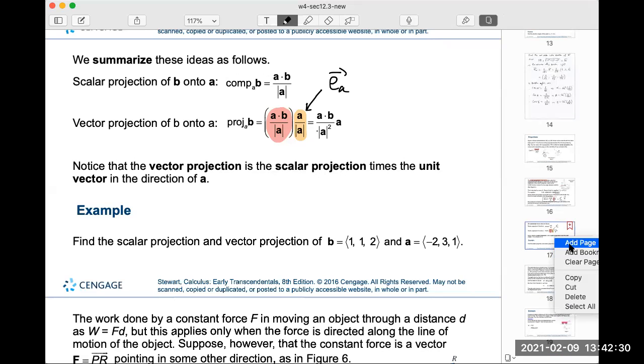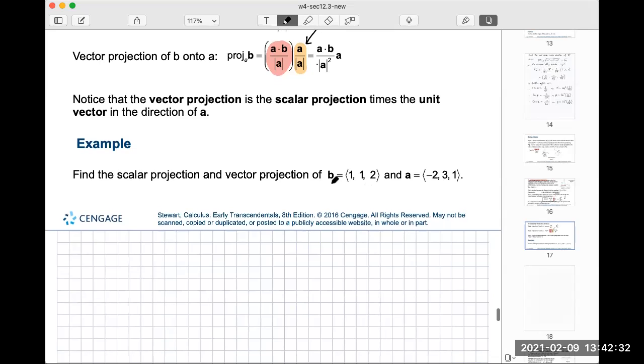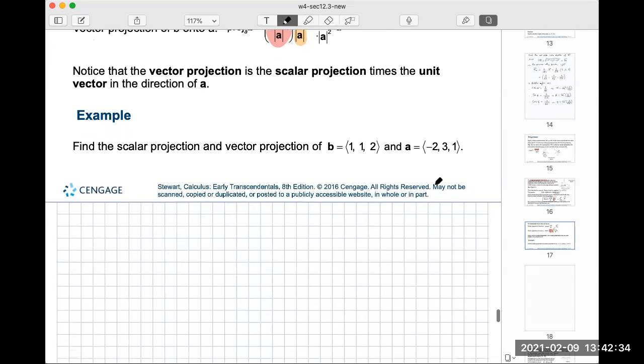If we are given the vector B like this and vector A is like this, what is the scalar projection of B on A?